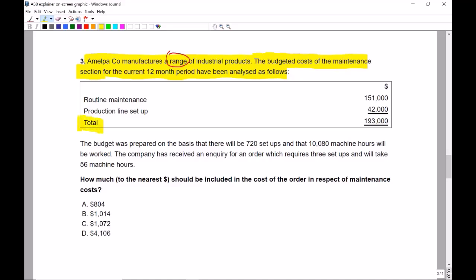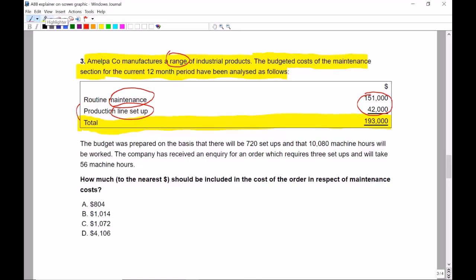We have a total cost for this department of $193,000, made up of two items: maintenance, and production line setup. That's the second activity, setting up the production runs, and then maintaining the equipment. We've got a cost for each item that totals $193,000.